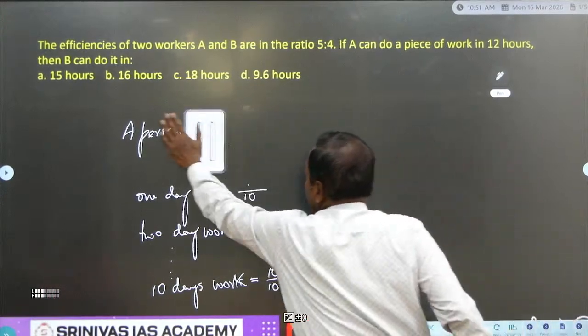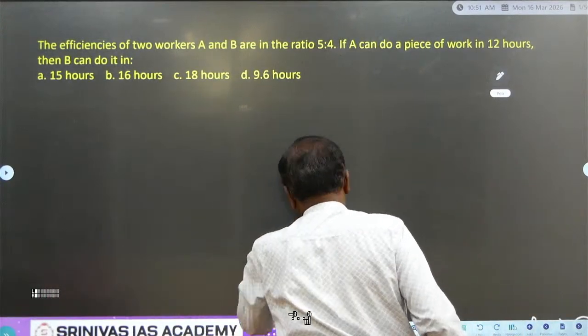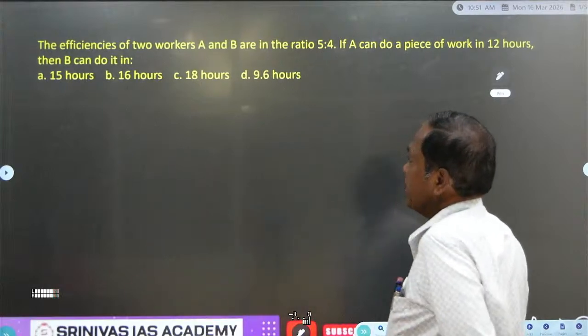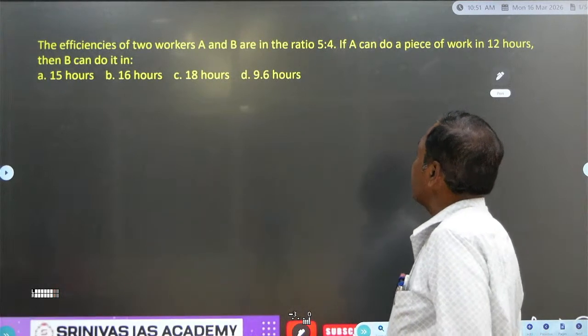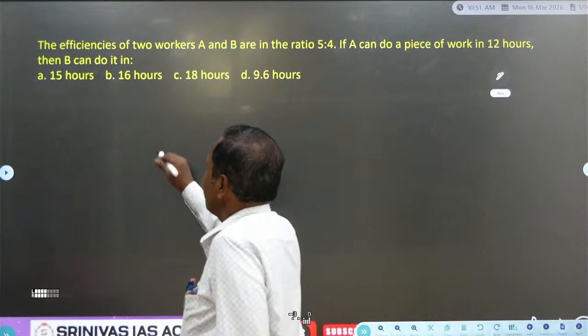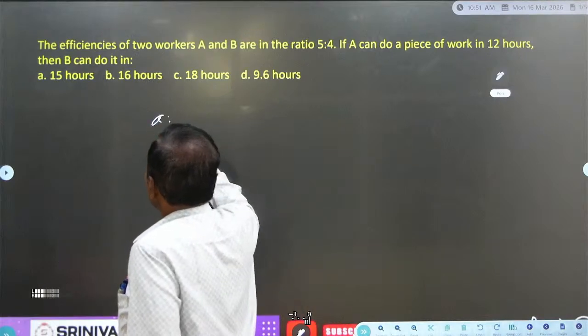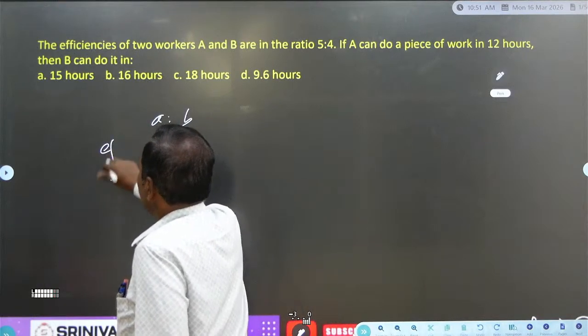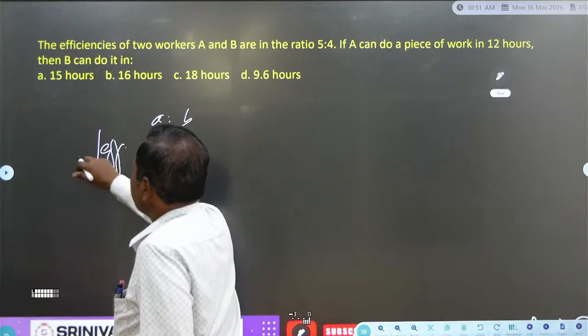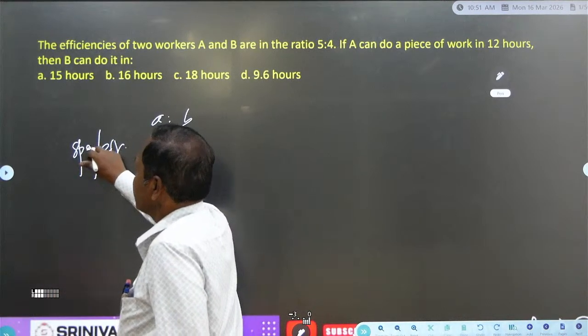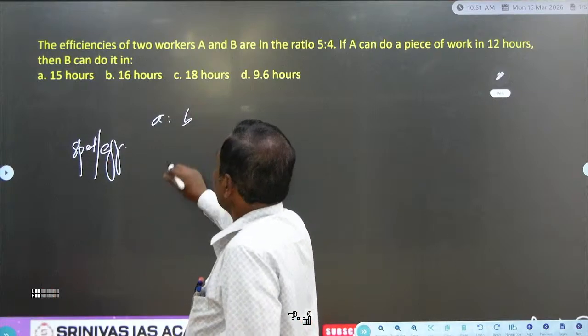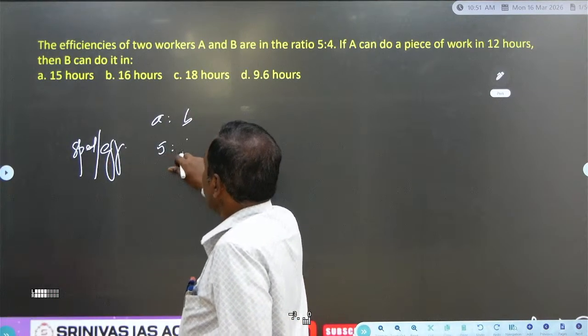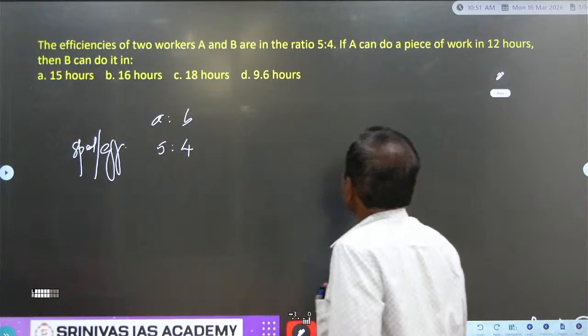Now, the efficiency of two workers A and B is in the ratio 5:4. So A is to B. Efficiency of work is speed, that is 5:4.